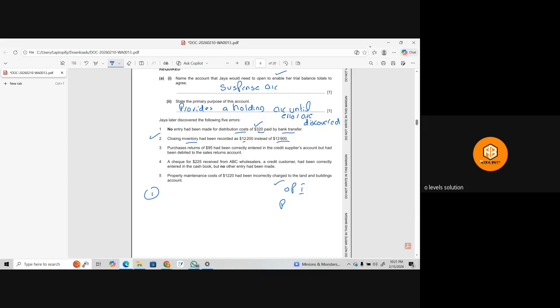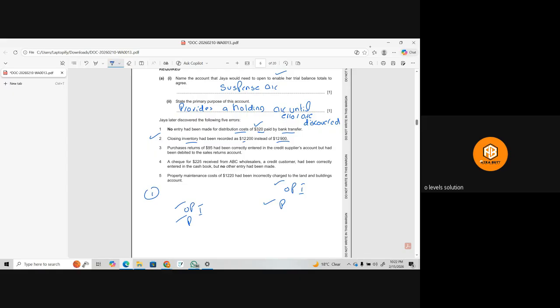Whatever opening inventory we have at the start of the year, plus the purchases during the year, whatever is left at the end of the year is the closing inventory. So we don't need to make another entry for that, because opening inventory and purchases are already debited in the trial balance. That's why we will not record it.